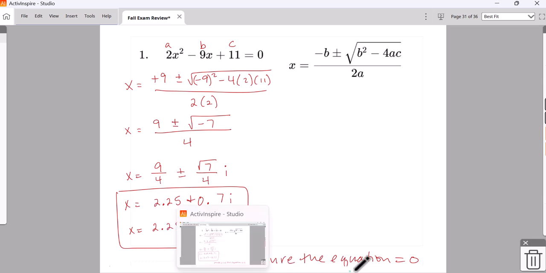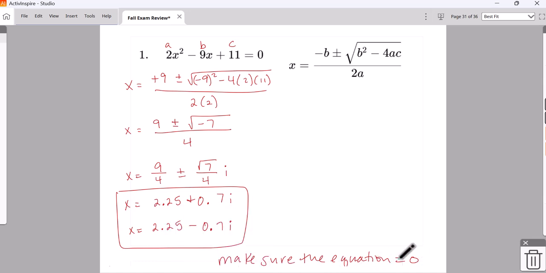And so the same thing is true here. We need to make sure that equation is equal to 0. Everything works the same way like we did on the last problem. So plug in all your values, b, a, and c. And so what happens here is we end up with a negative under the square root. The negative needs to come outside, and that's where the imaginary number comes from.